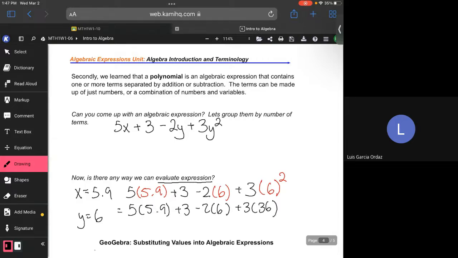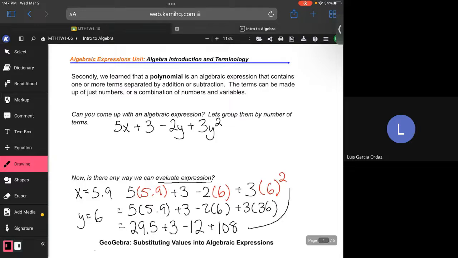All right. And now let's do all of our multiplications. Can someone tell me what 5 times 5.9 gives me? Ethan, 29.5. Is that true? Yeah. Okay. What's 2 times 6? Yep, so it's going to be minus 12. And last but not least was 3 times 36. Gian? 108.